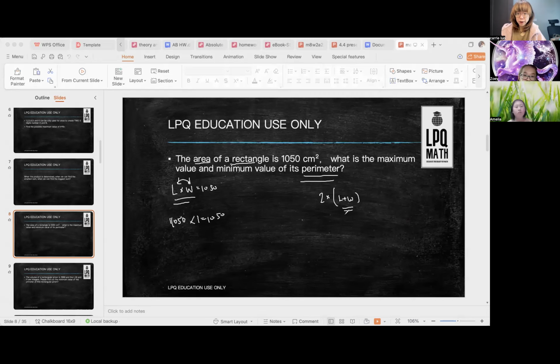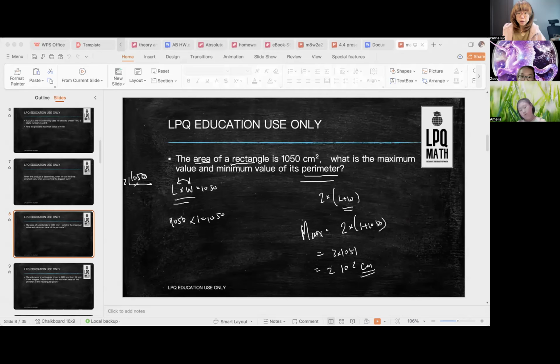So that is when you have the maximum value, which equals 2 times (1 plus 1050) equals 2 times 1051 equals 2102 centimeters. Remember.